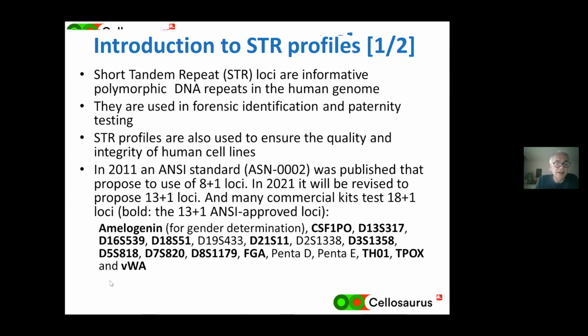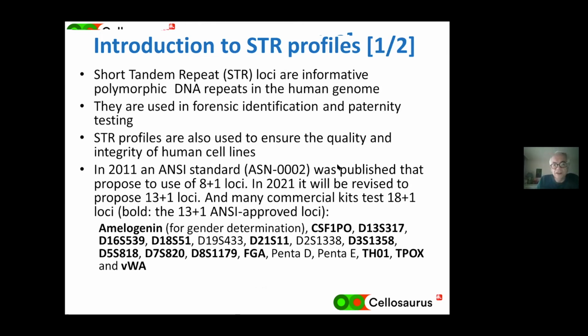So there was a standard 10 years ago, which was published, which proposed using 8+1 loci. I will explain why 8+1, but so 9 different parts of the genome, which can be used to identify cell line. This standard is being revised, and the draft goes in direction of having 13+1 loci.